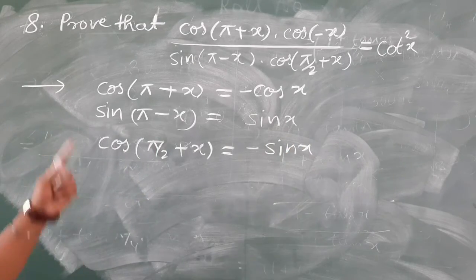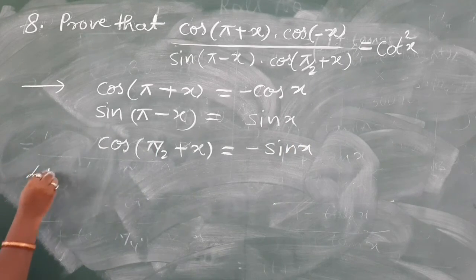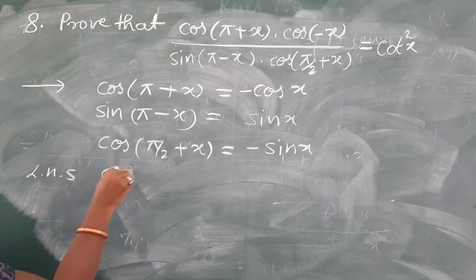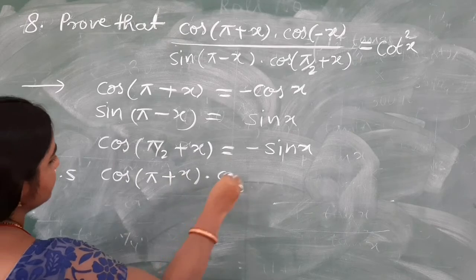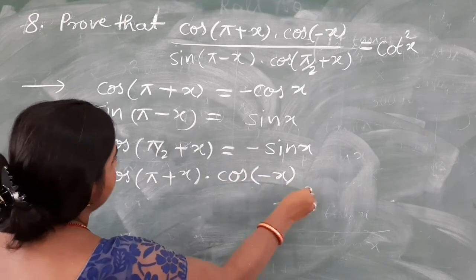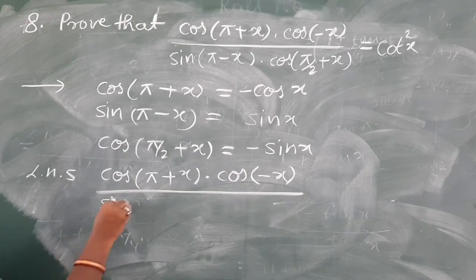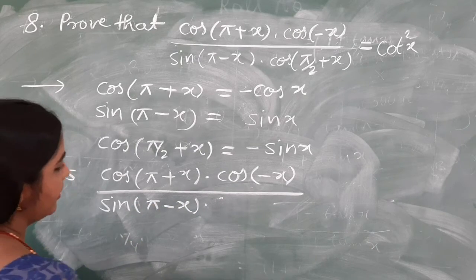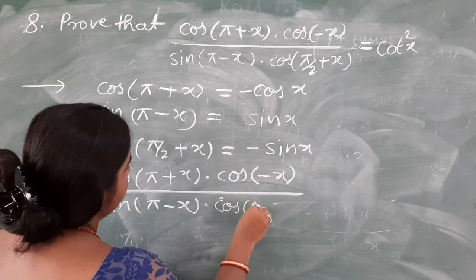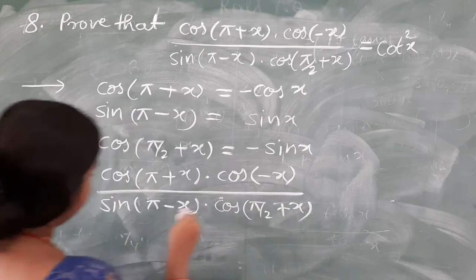So these values I am going to apply in the left hand side. The left hand side part is cos(pi plus x) into cos(minus x) by sin(pi minus x) into cos(pi by 2 plus x).